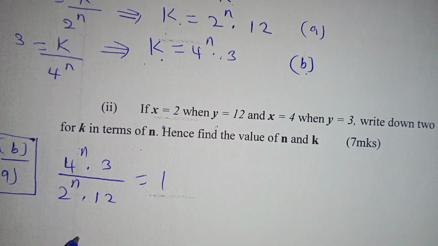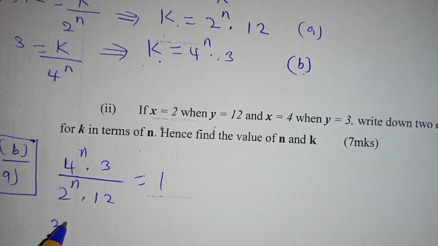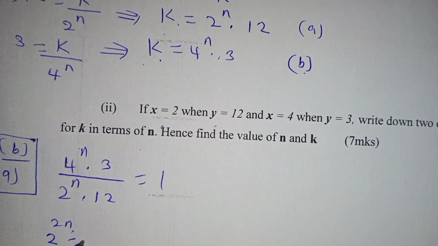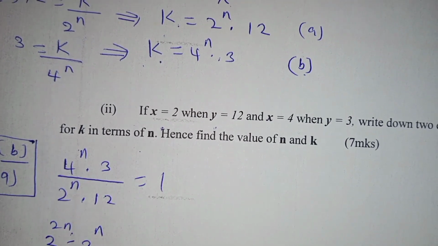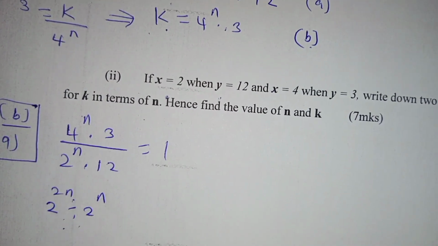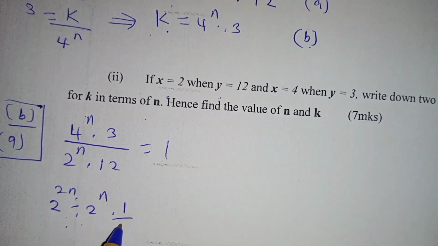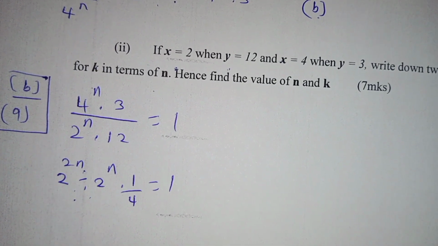Next, by the laws of indices, we are going to have 2 power 2n divided by 2 power n. We write it this way instead of over, multiplied by 1 over 4, which is equal to 1.